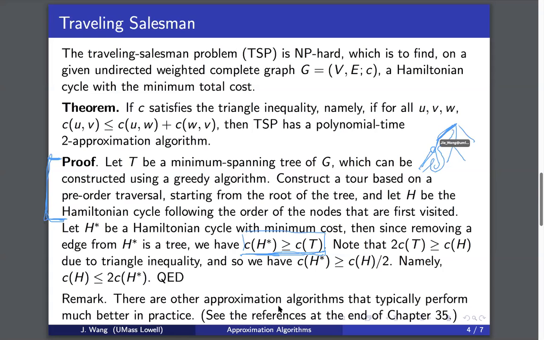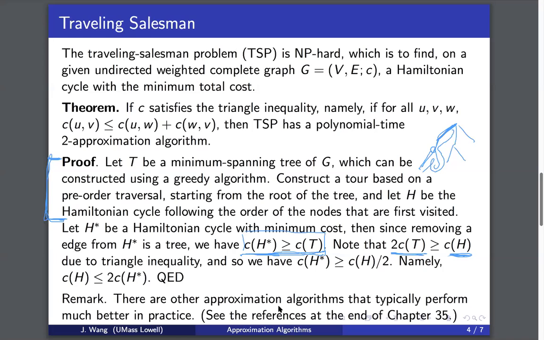So that means you look at each edge twice. So that means I have 2 times C of T. So each edge you consider twice, then you form a cycle, you're going back. Of course, H is smaller, so H is the approximation algorithm we do. And this can be shown using triangle inequality. So let me show that to you.